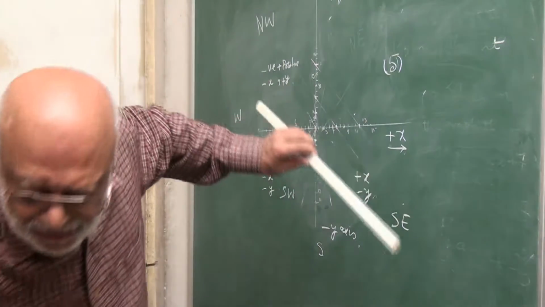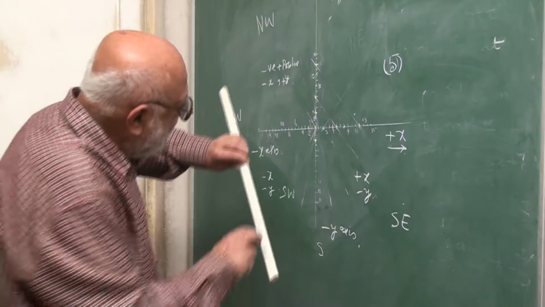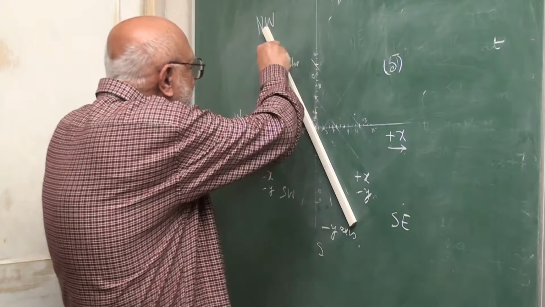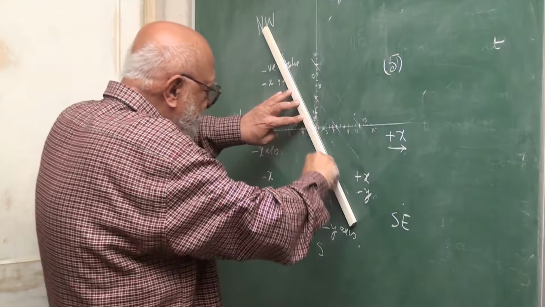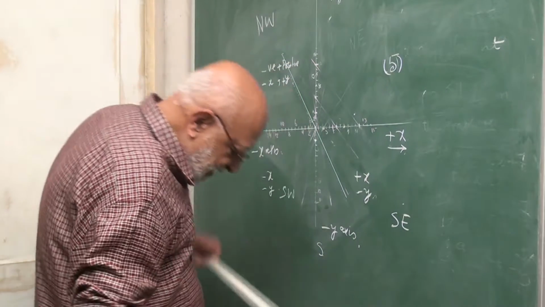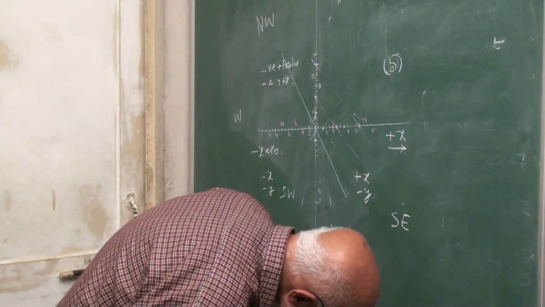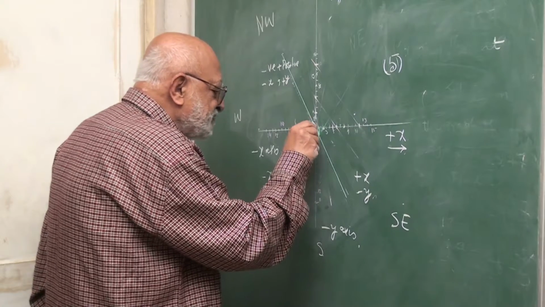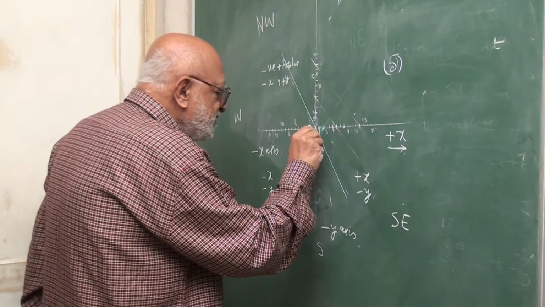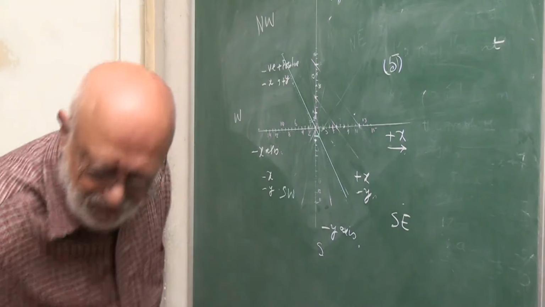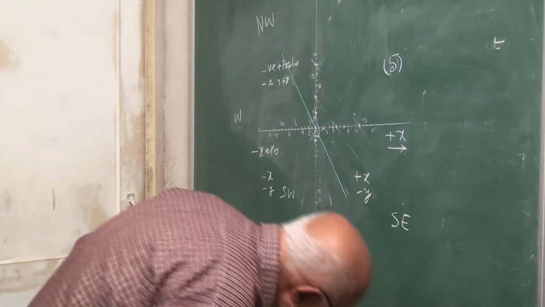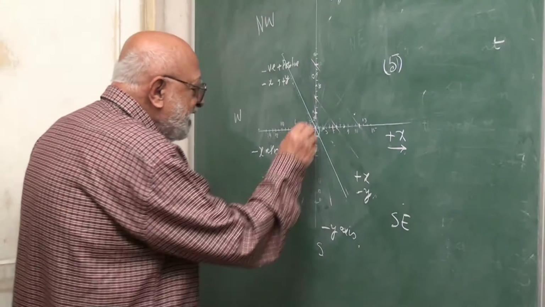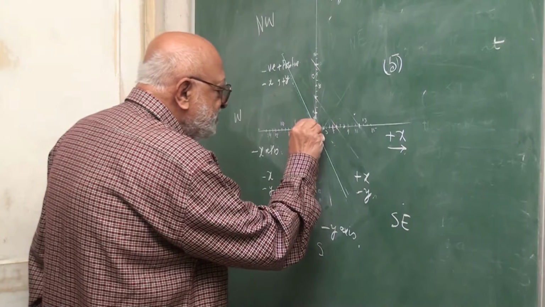If I draw that line, it will be like this. They are saying two conjugate points, 1 and -1, and the other one is -1 and 1, just reversed.